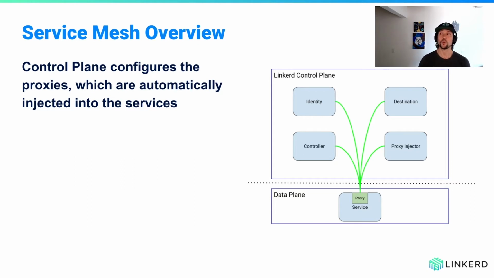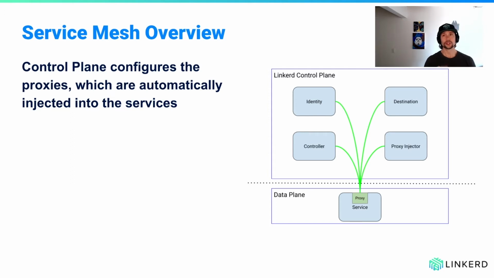So it tells us what other workloads are available when requests are sent from this new service that's being created, and what destination endpoints are available. The identity service is what's used to create the mutual TLS certificates that the proxies use to communicate with each other.